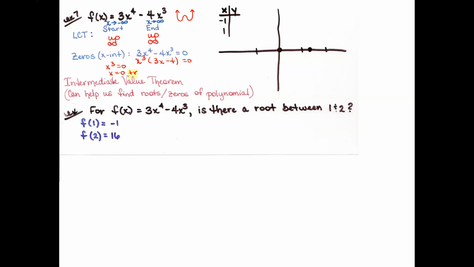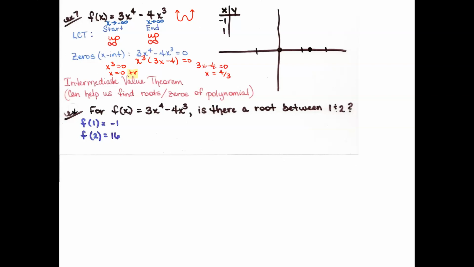What happens at a triple root? Straight through, turn, or slide? Slide, yes. All right, so let's see if we can draw that W shape with a slide at 0.